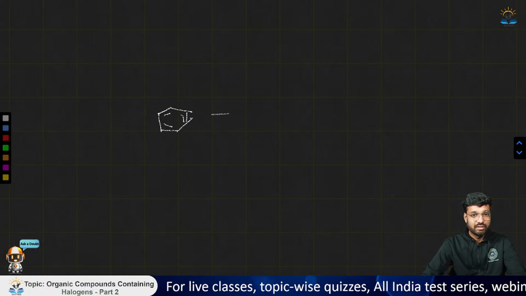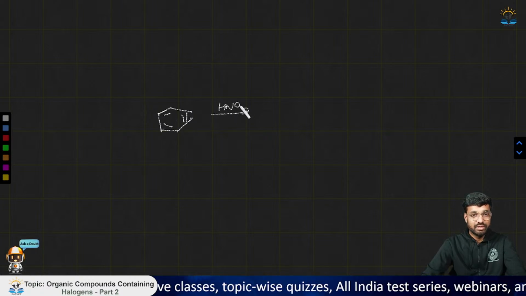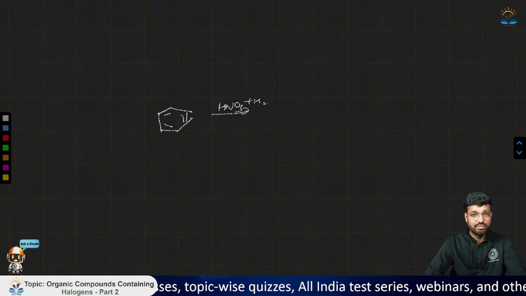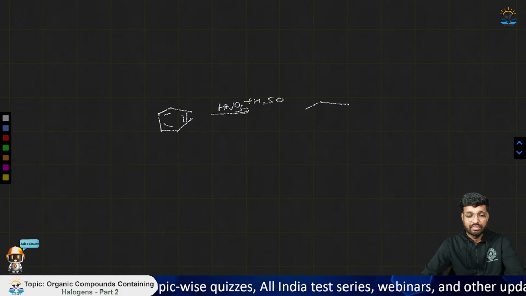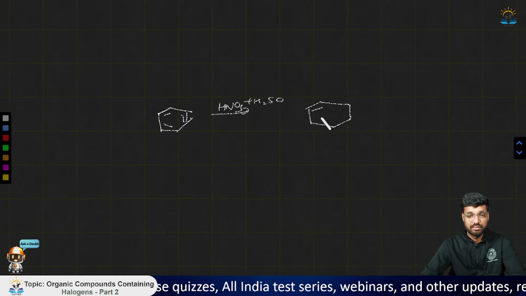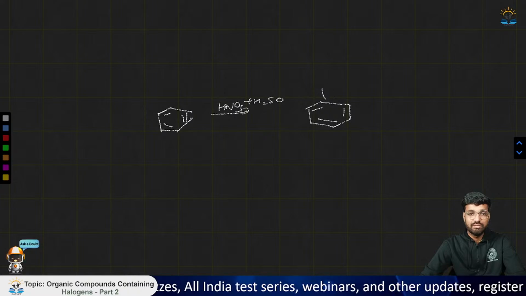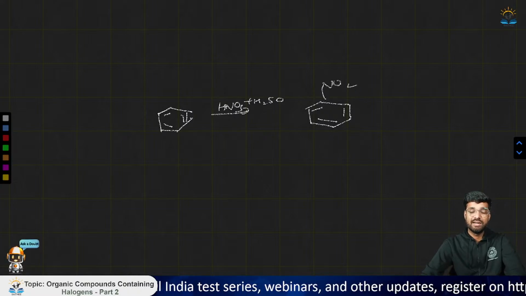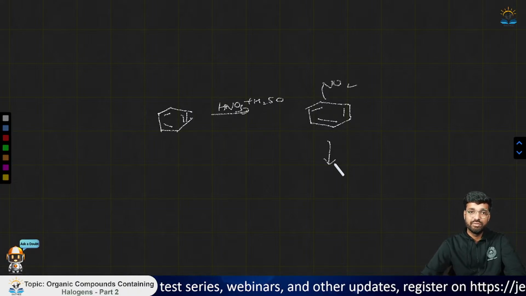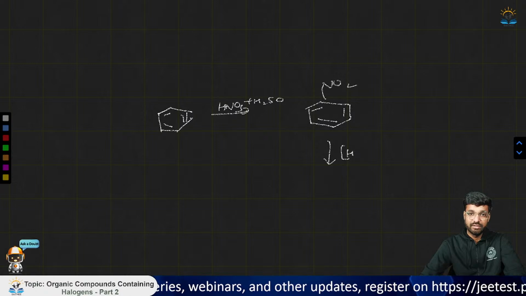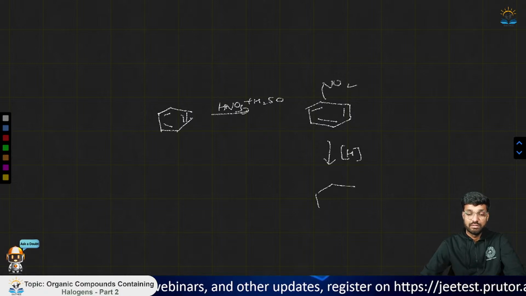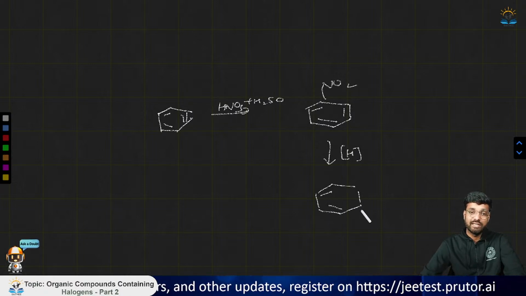First we use a mixture of HNO3 and H2SO4 to nitrate it. Now NO2 will be added. Then we simply reduce this using any reducing agent to get our required aniline.